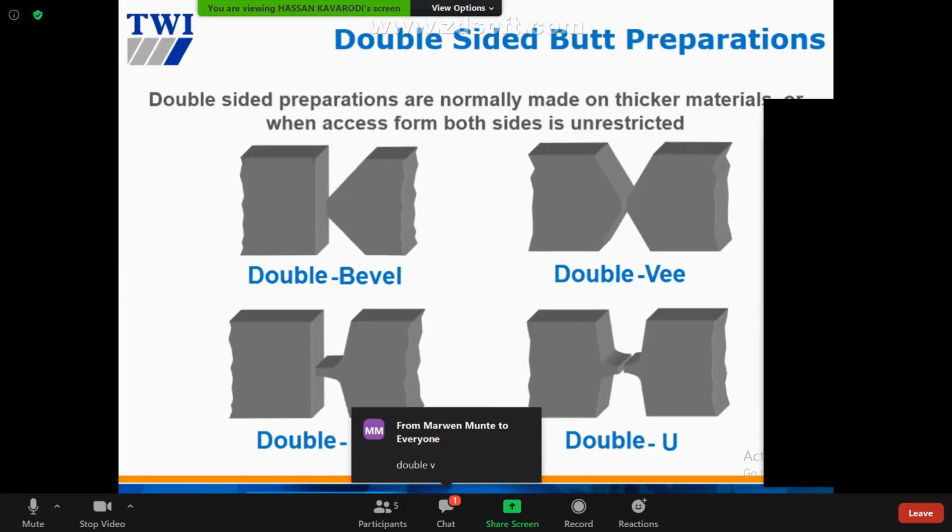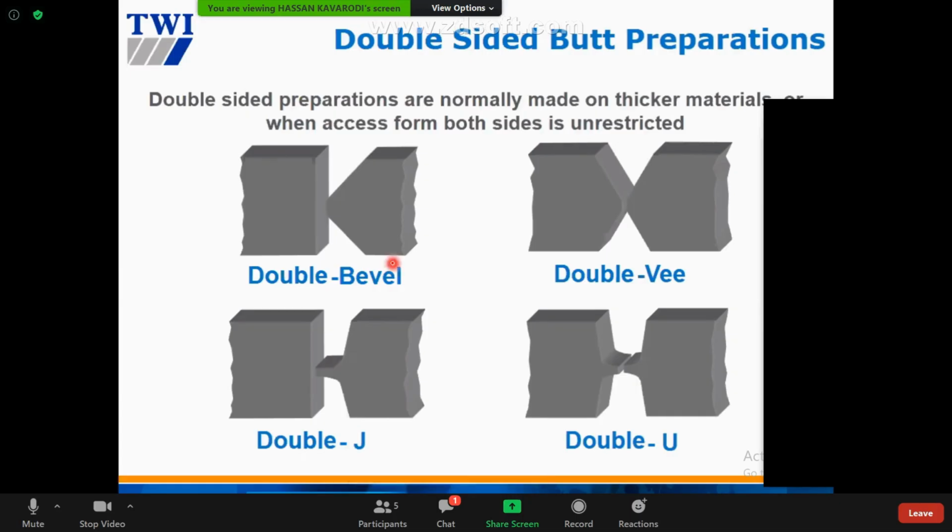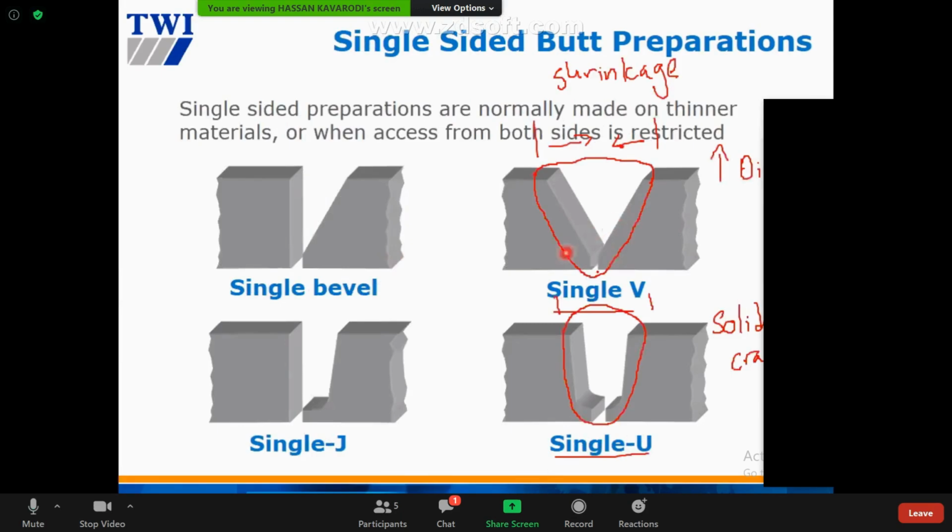Why is double V easy to weld? Imagine like this. In single V, the welder needs to make sure the penetration produced is acceptable, with good quality penetration. Most of the time in single V, at the root you normally get lack of root penetration, lack of root fusion, maybe root concavity. There's always a problem in single V when it comes to the root. There are a few possible defects there.